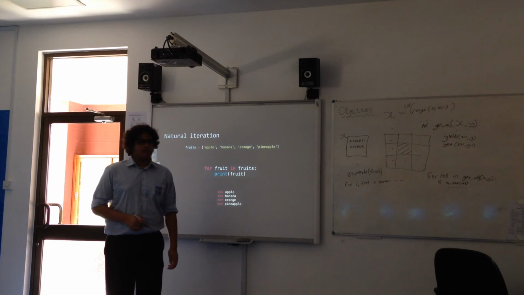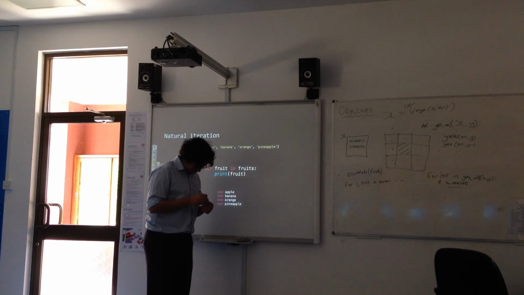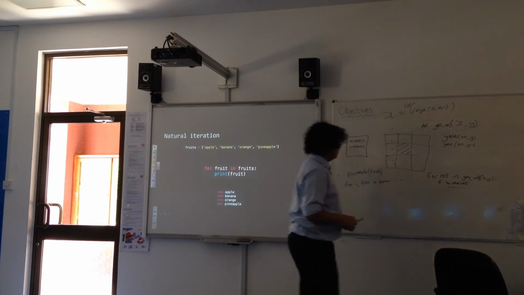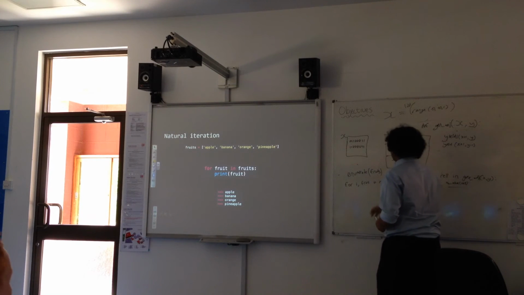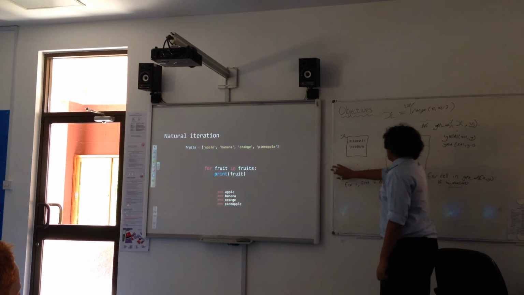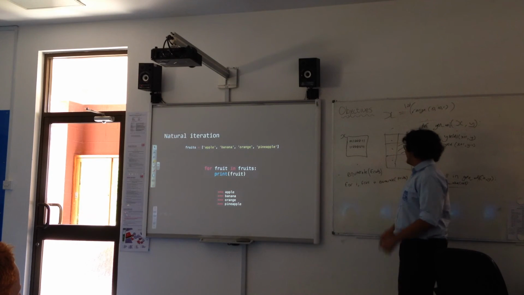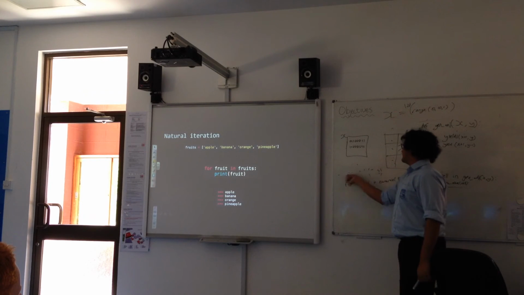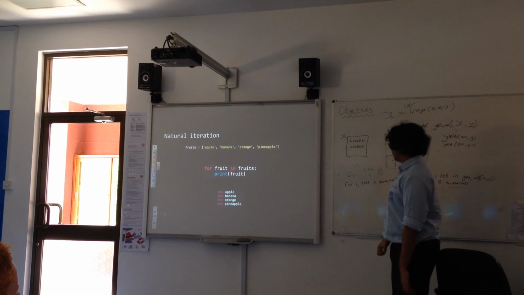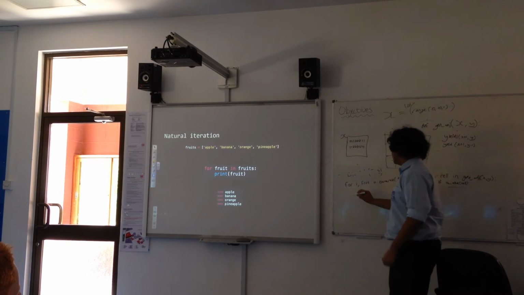Just to confirm the syntax: in this example with the fruit, you would write for i, fruit in enumerate fruits, then print fruit.